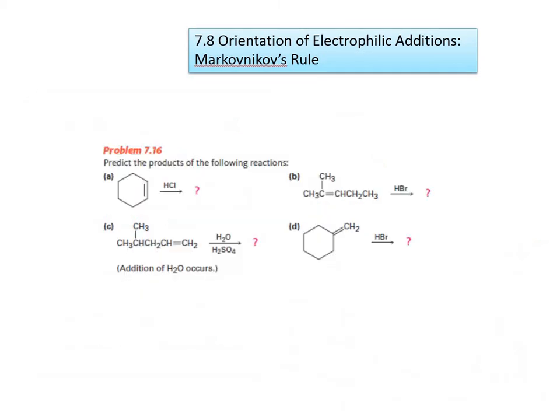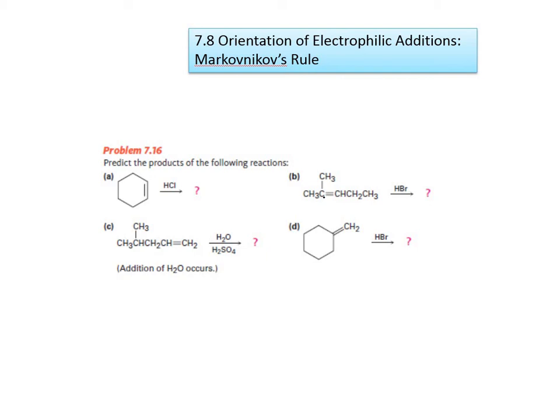Okay, let's look at some other exercises. For example, let's do option B. It says to predict the product of the following reactions. Here we have an alkene, so we are going to add hydrogen and Br, so it's an electrophilic addition reaction. Where will hydrogen be attached and where will bromide be attached?